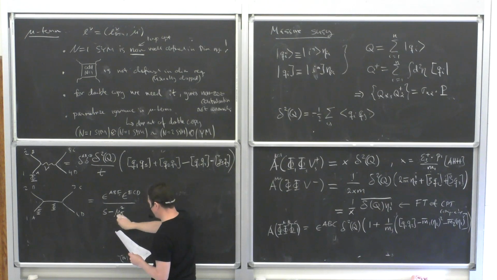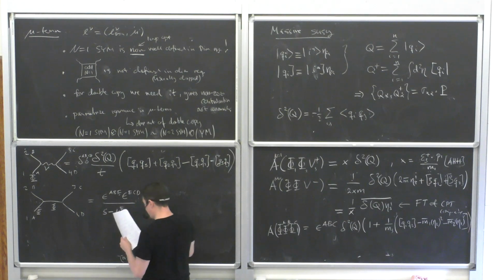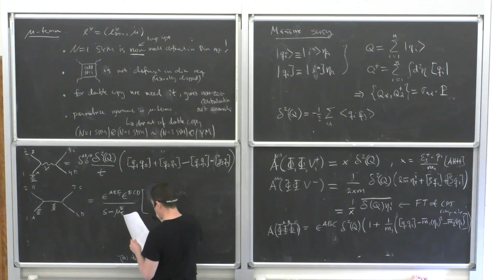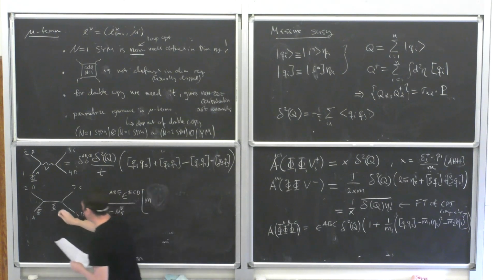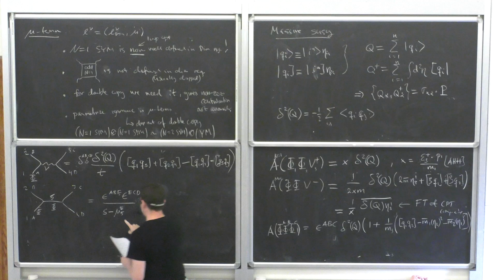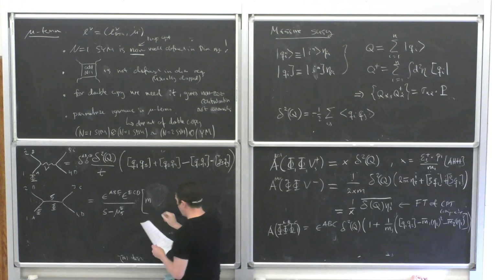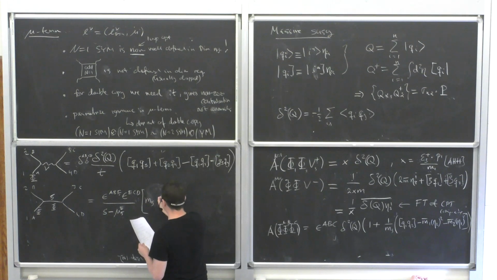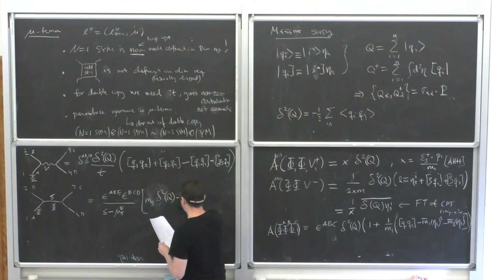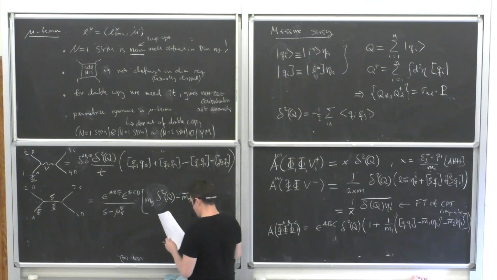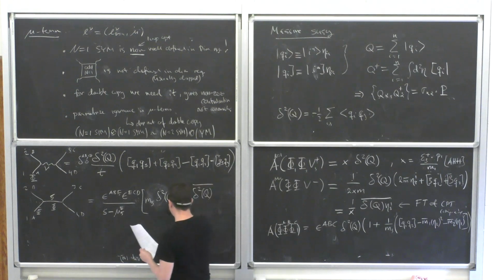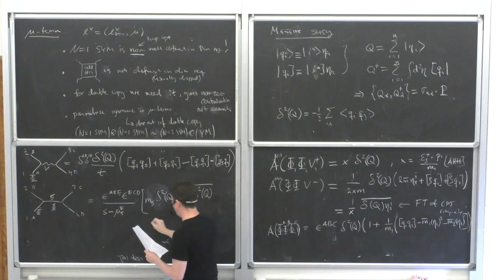This is my invariant mass, not the individual. And this is particle 5. That's why I have a 5 there. So there's M5 here, delta 2Q minus M5 bar, delta 2Q bar. This is just the CPT conjugate of each other.